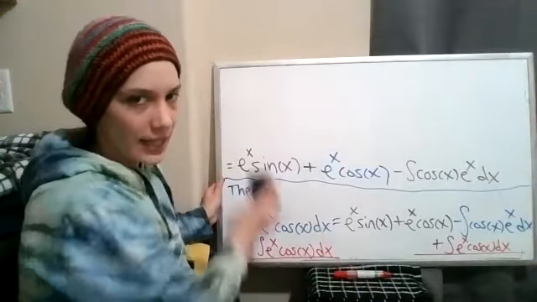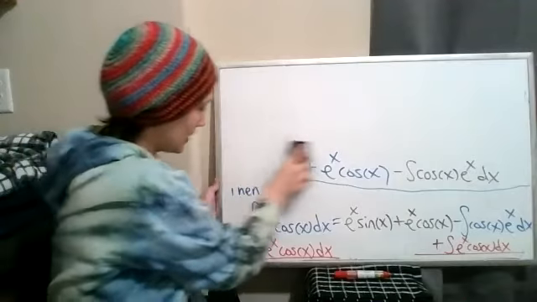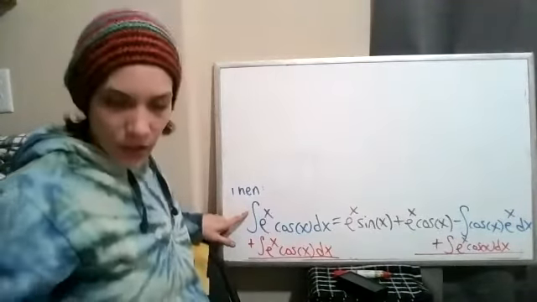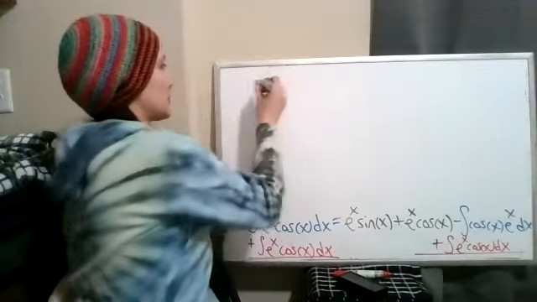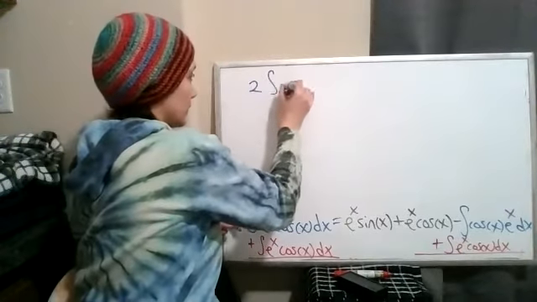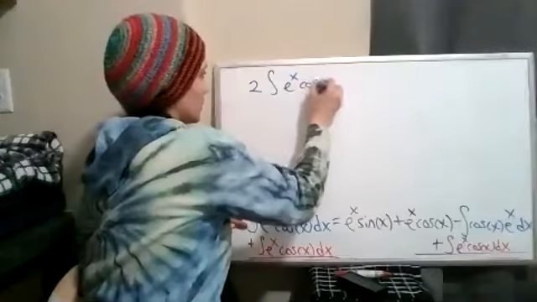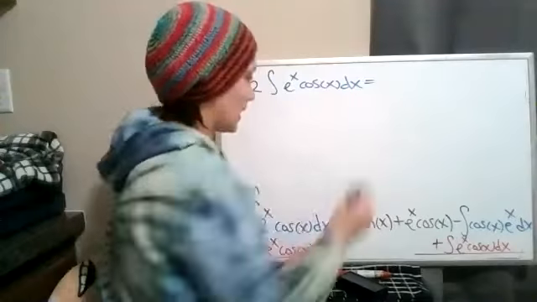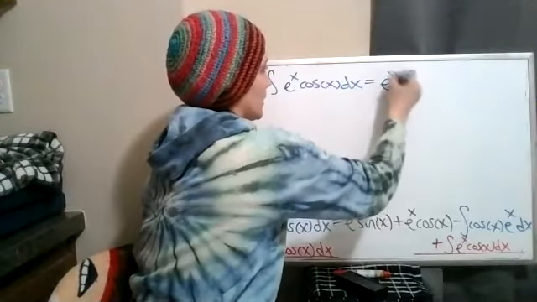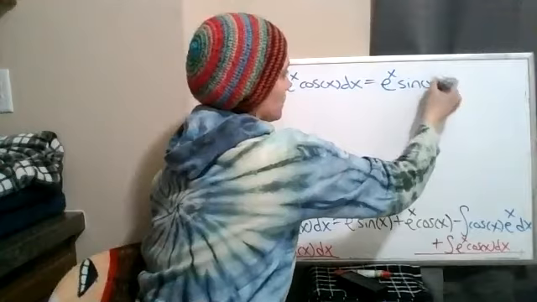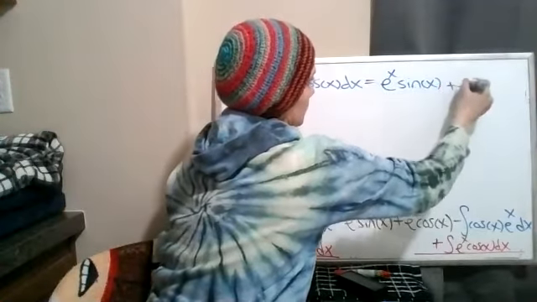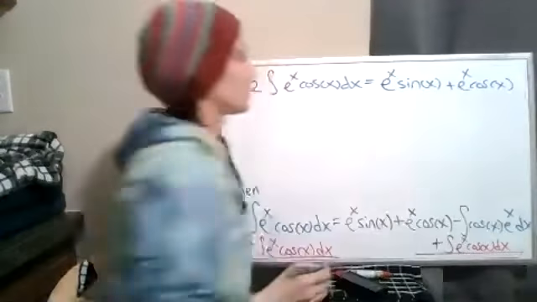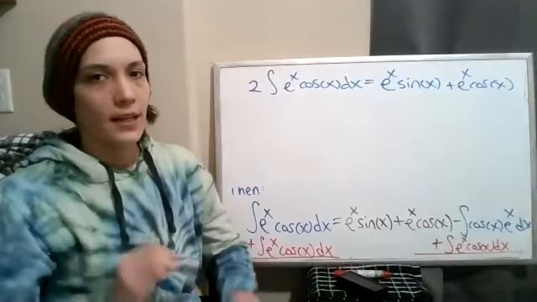Actually, we're going to go ahead and erase. This was 2 times that integral. And what's left here is e to the x sine x, e to the x cosine x. Almost done.